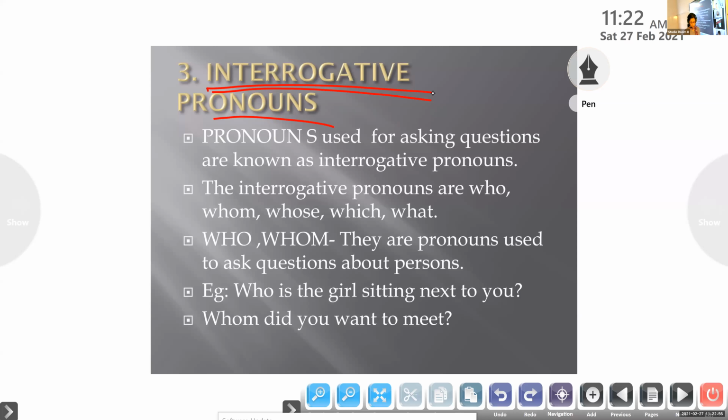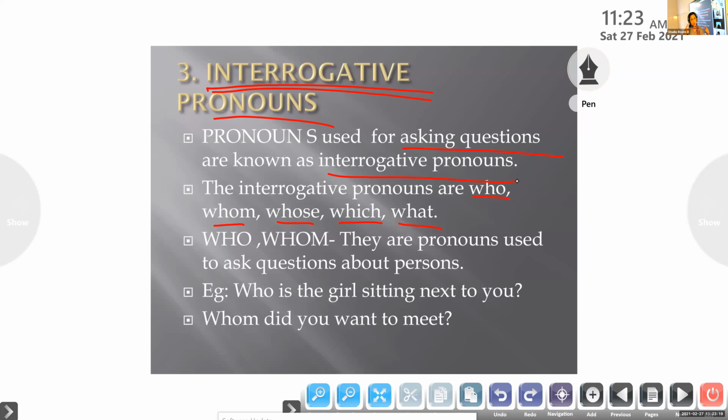So what are those words? The interrogative pronouns are who, whom, whose, which and what. Please do learn it. Pronouns used for asking questions are known as interrogative pronouns.